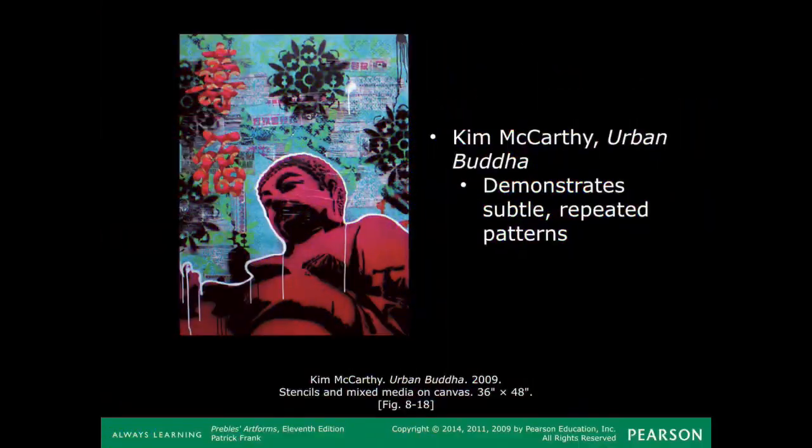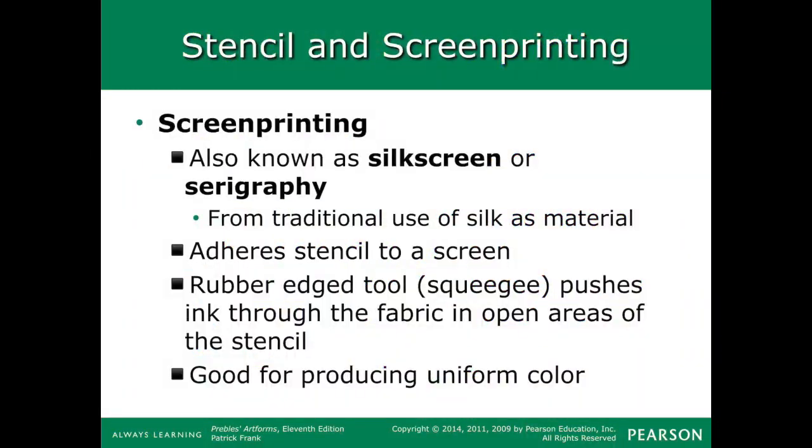We have these crystallographic designs here. Even the quality of the paint, the drips, appear as though they were made using a spray can. This is by Kim McCarthy, and the piece is called Urban Buddha. So you'll see her using patterns created by the use of a stencil.